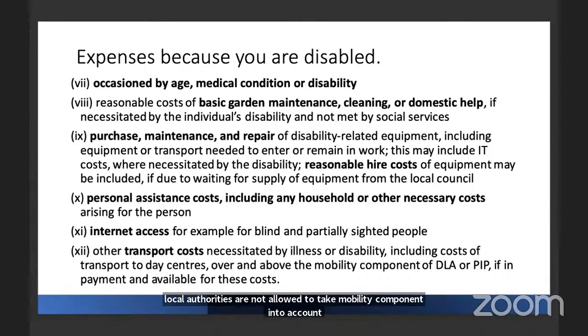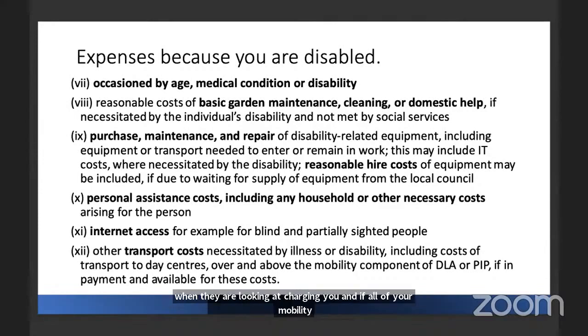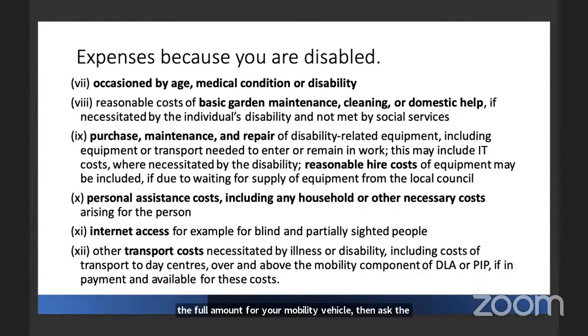And if all of your mobility component of DLA or PIP is already used, for example, you're having to pay the full amount for your mobility vehicle, then ask the council to look at petrol costs for essential visits to the day centre or doctors or hospital appointments or leisure activities that support your well-being and inclusion.